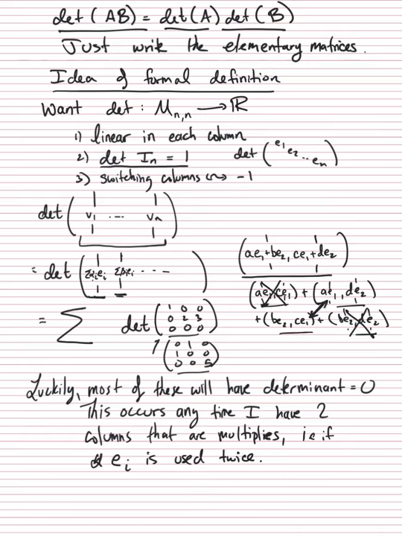And similarly, when you write this out in terms of n vectors, you're going to get tons of matrices where you've used the same basis vector twice, and unfortunately still a ton of matrices where you've only used each basis vector once, but in a different order. But now these are the only ones that you have to check.